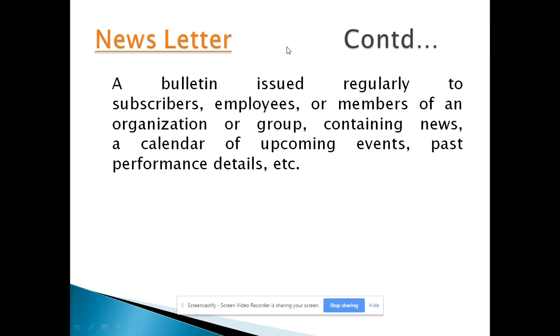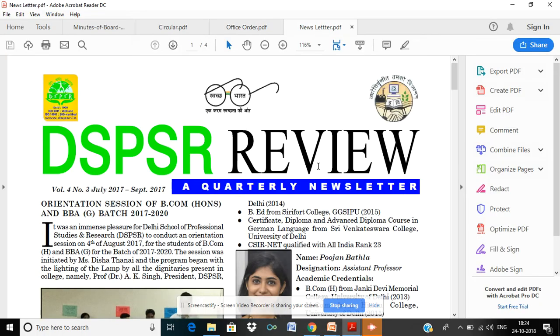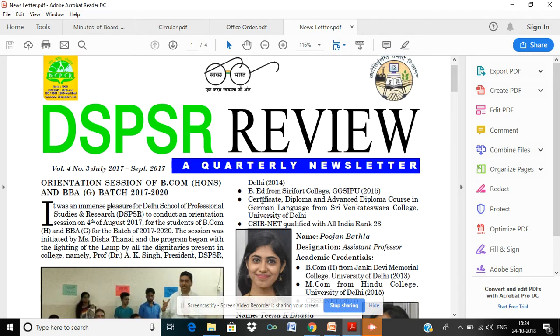We can see here one newsletter of my organization, DSPSR, and the name of that newsletter is DSPSR Review. This newsletter is quarterly. We bring out four issues of that newsletter.